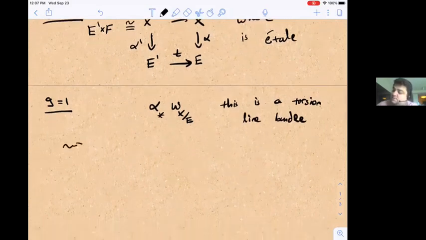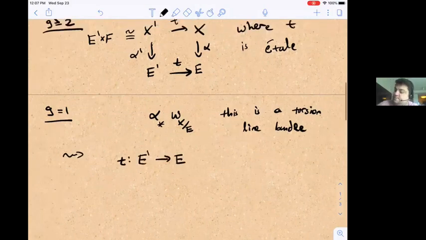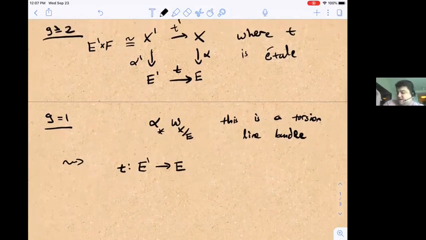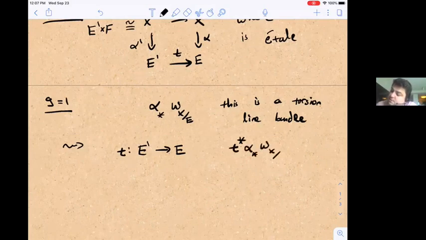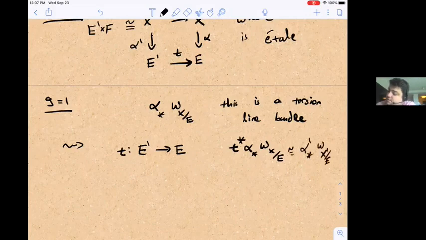Which produces for us a cover where if we look at the same base change diagram, maybe X prime itself is not a product, but we know that the pullback of this line bundle, which by some general cohomology and base change arguments is the same as alpha prime lower star omega X prime, is actually trivial.